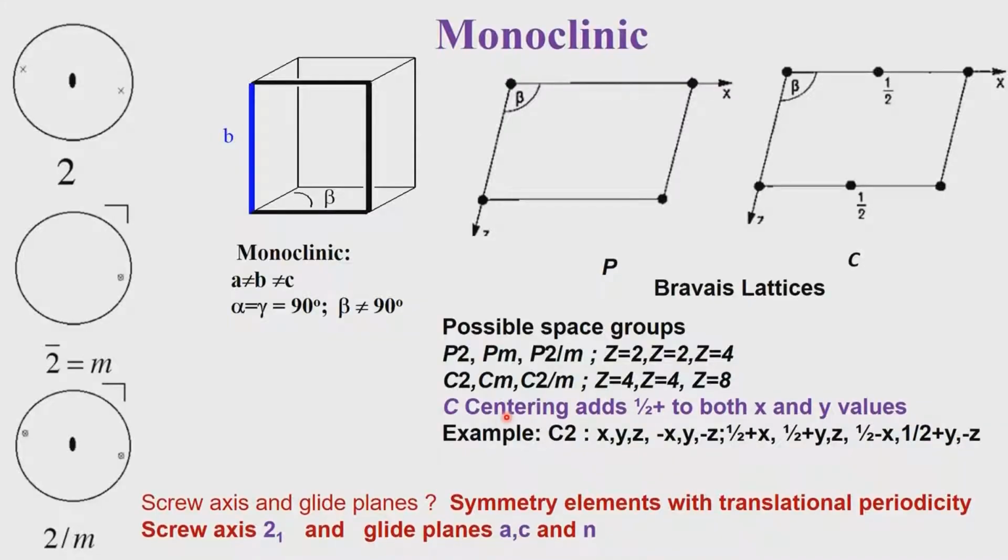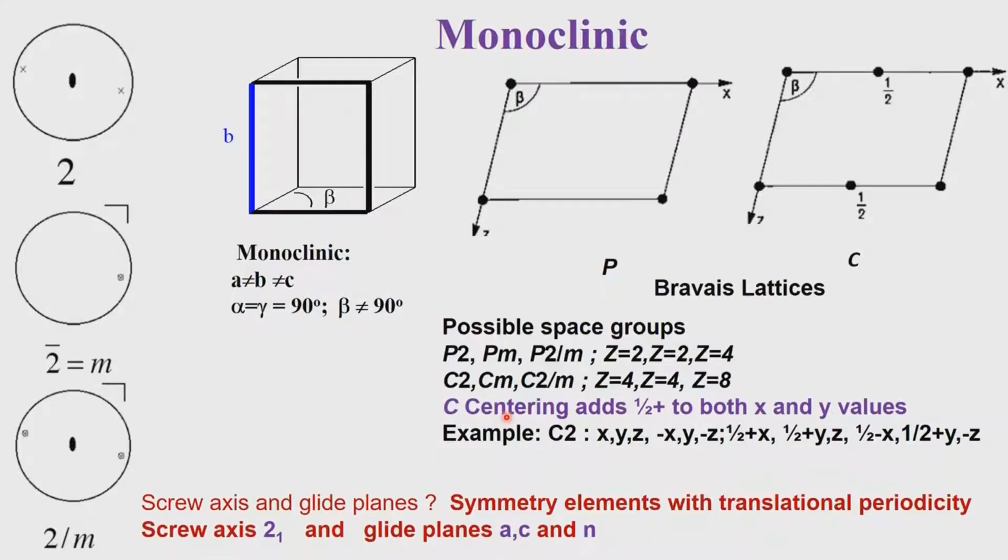If the B direction is centered, then you add half to x and half to z. Let me repeat: in case of an A centered lattice you leave out A, that is the value of x, and add half to y and half to z, and in case of a B centered lattice, add half to x and half to z, leaving out B.